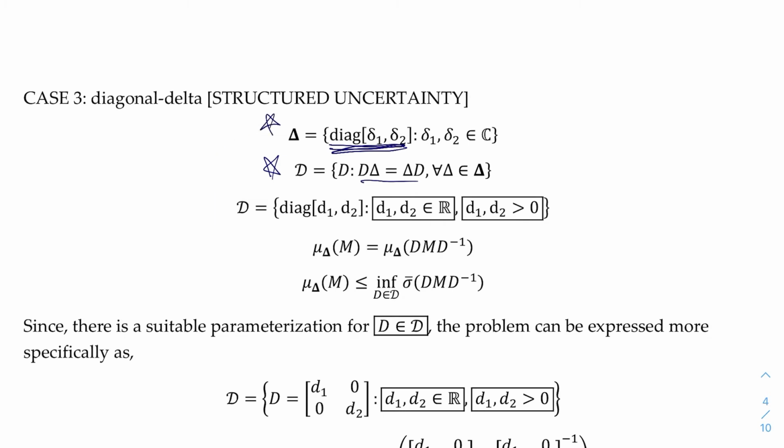We have some given delta set, and for a given delta set we have some D set. This is just by definition, in a way, and this is the structure of our D set.